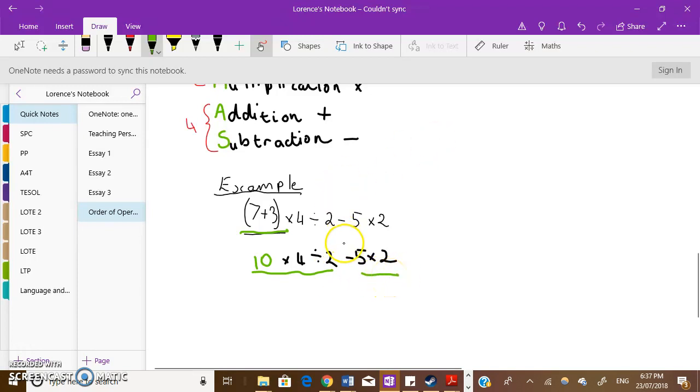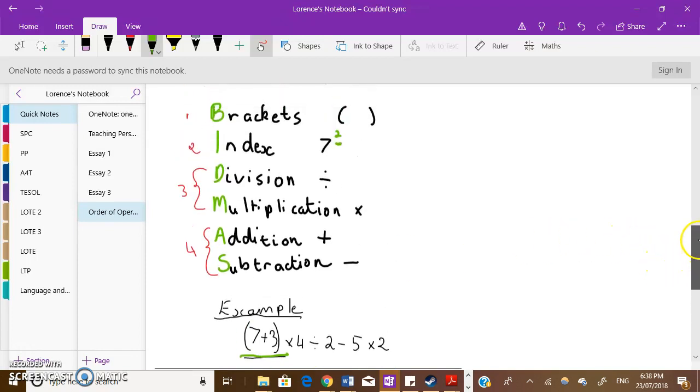Now, here's a very interesting rule. We have here 10 times 4 divided by 2. If we have all of these in the same line, we have 3 terms, and they're all at the same level on the BIDMAS rule.